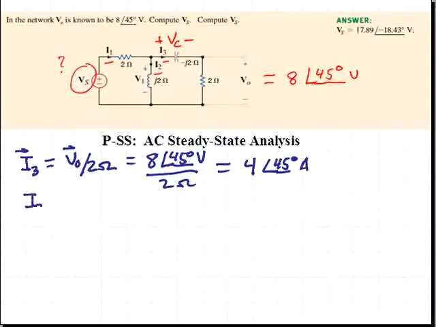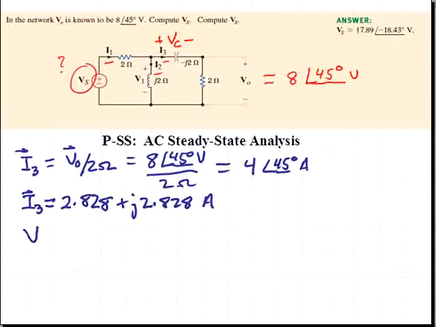This I3 is represented in the rectangular format as 2.828 plus J 2.828 amperes.